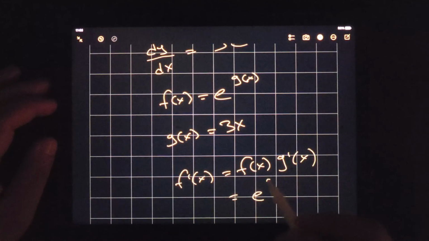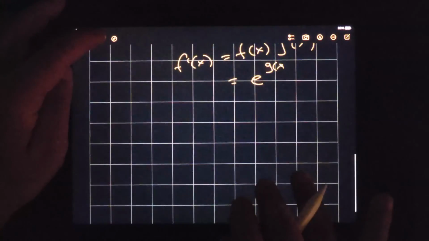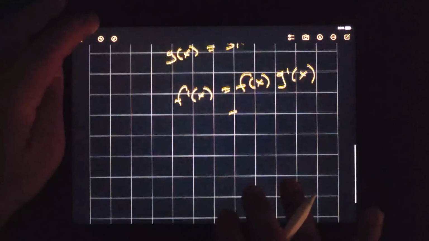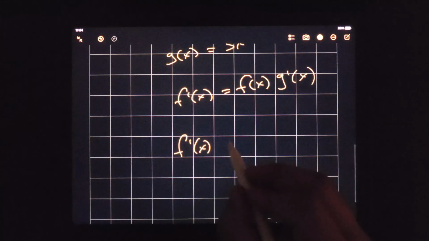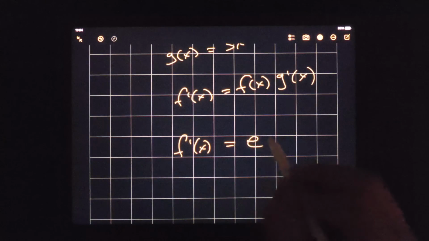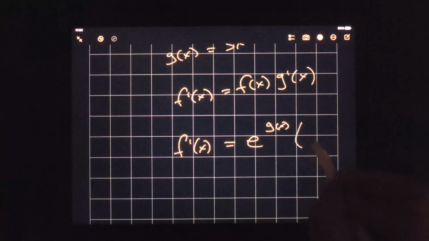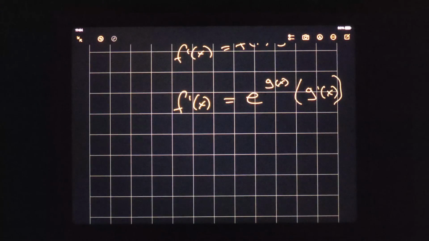When it comes to exponential functions, you have e to the g of x times g prime of x. That's what I was trying to get at.